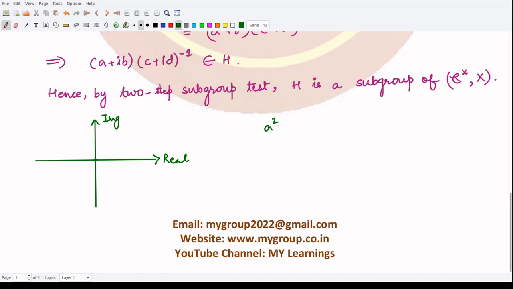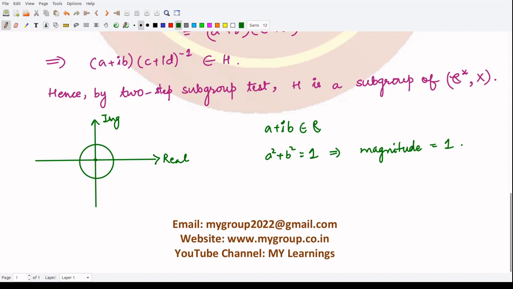Basically, if you have A plus iota B belonging to C such that A square plus B square is equal to 1, what does it mean? This is nothing but the magnitude. So it implies that the magnitude is equal to 1. So magnitude equal to 1 means we are getting a circle such that its radius is equal to 1.